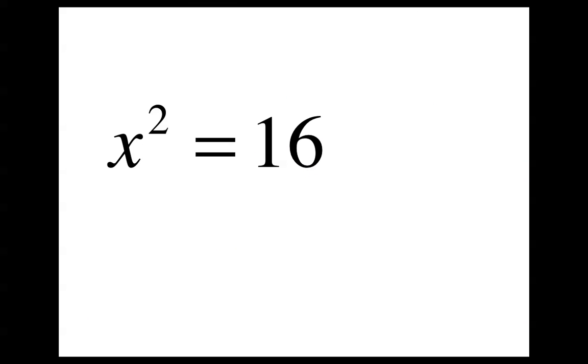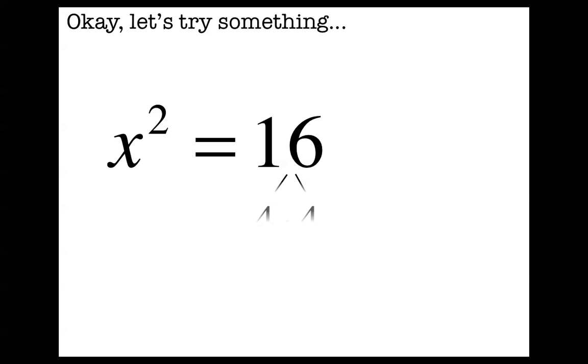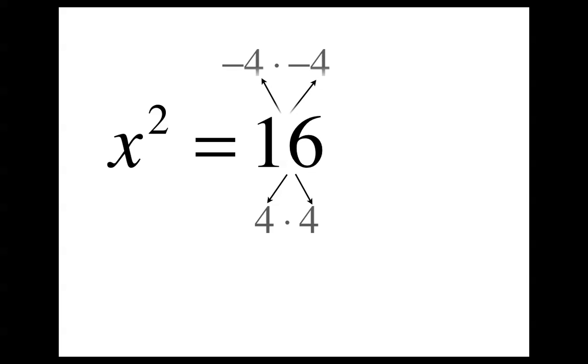Okay, one more thing. What if I asked you to solve this equation and tell me what x equals? You would probably know pretty quickly that 16 is 4 times 4, and therefore x must equal 4, right? Well, kind of. You're almost there, because there's something else tricky about this. Couldn't you make 16 by doing -4 times -4? Wouldn't -4 squared give you 16?